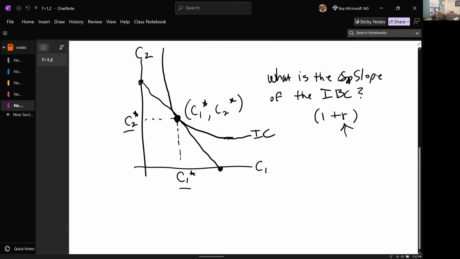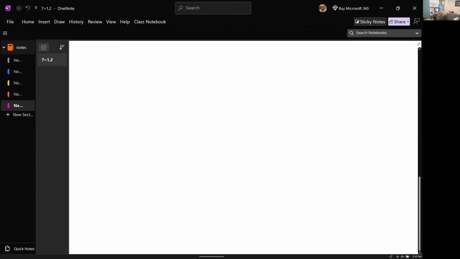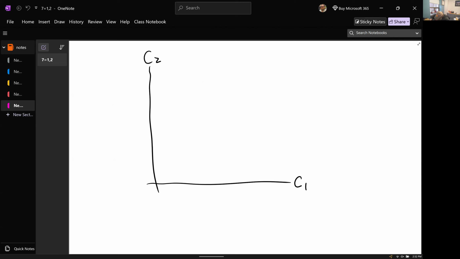So let's draw another one here. C1, C2. Okay, so y1 plus y2 over 1 plus r, and then 1 plus r times y1 plus y2.